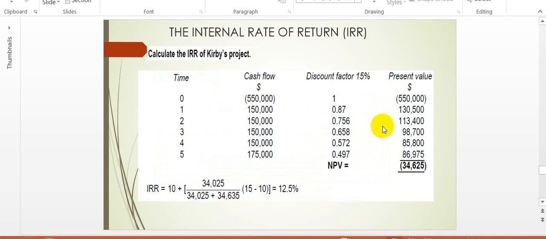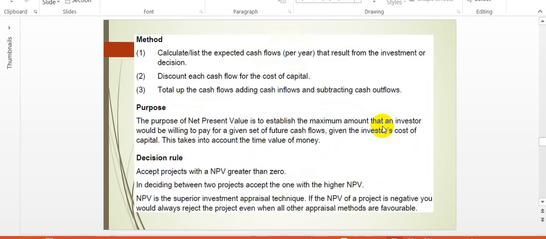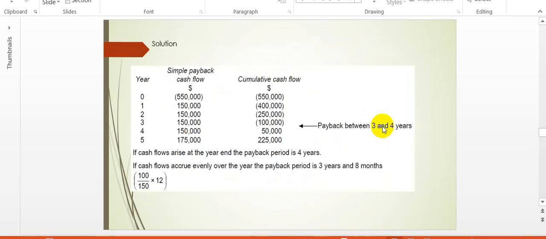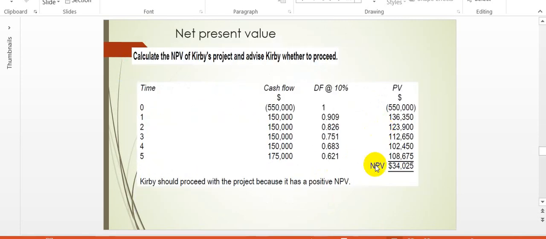To follow through with the Kibi's project example, we had earlier discounted the cash flow at 10%, which gave us a positive NPV of 32,025.